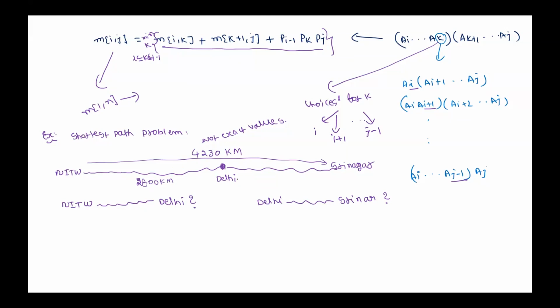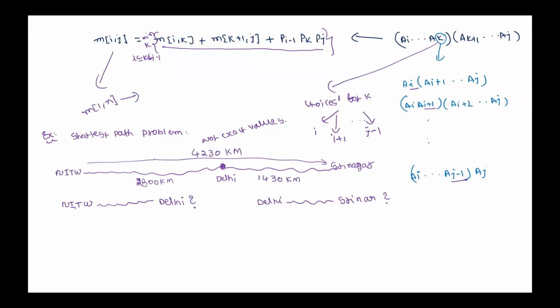And Delhi to Srinagar is, say, 1,430. Total it is 2,800 plus 1,430, which is 4,230. Correct, no?